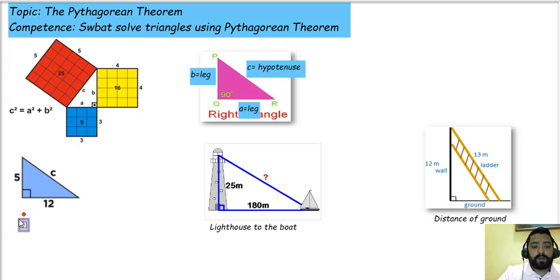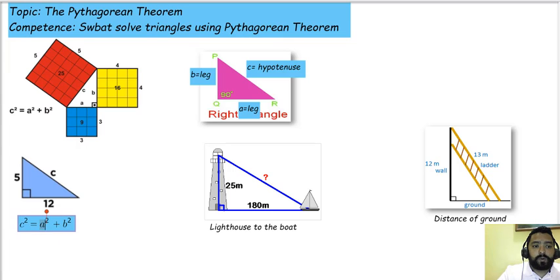First, you are going to write the formula, which is c to the second equals a to the second plus b to the second power. Remember, for a and b, you can choose any of these two sides. This one can be a, this one can be b, or b and a, but always the C is going to be the hypotenuse.